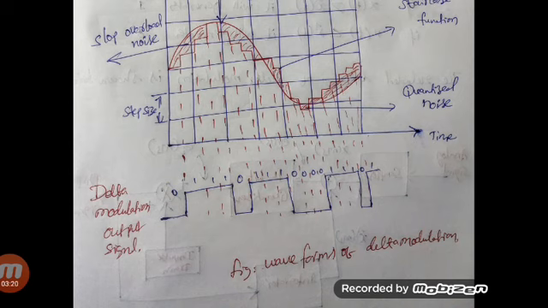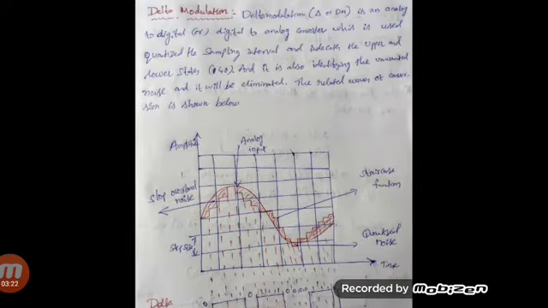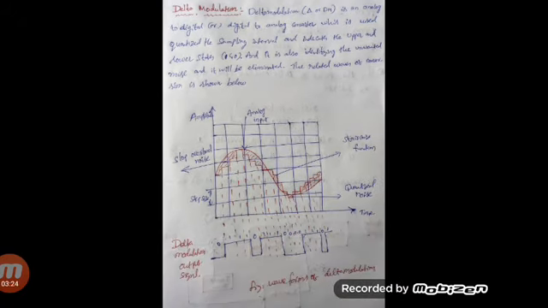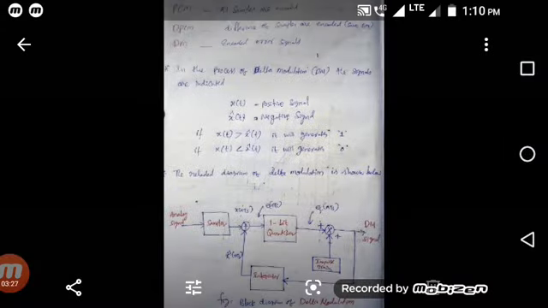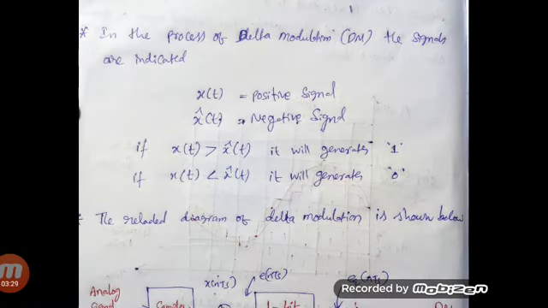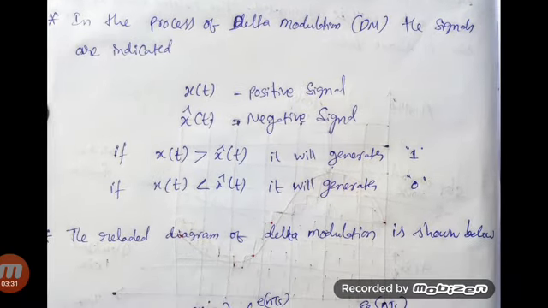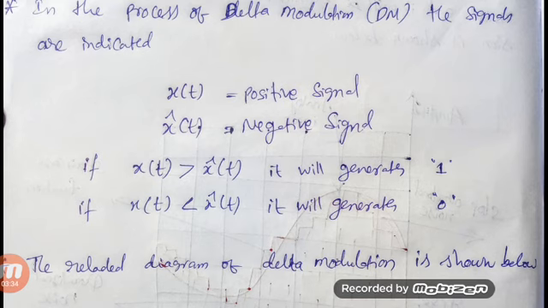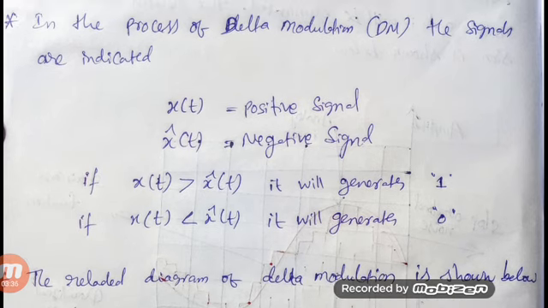Next we are seeing the process of delta modulation, where we use some signals: x of t, the positive signal, and x cap of t, the negative signal.